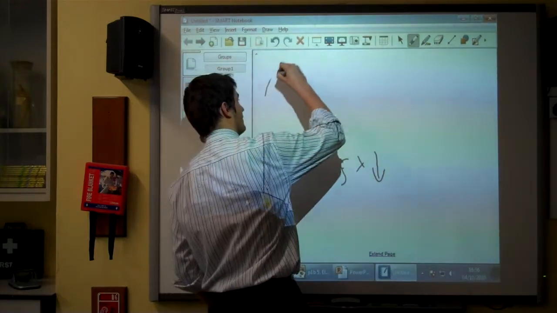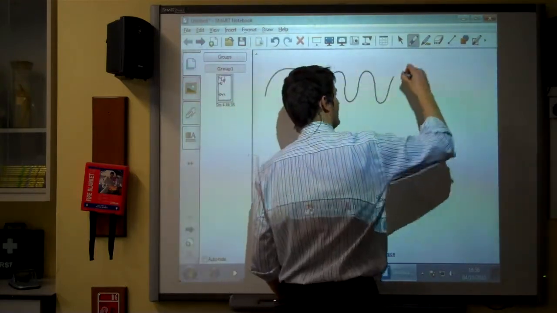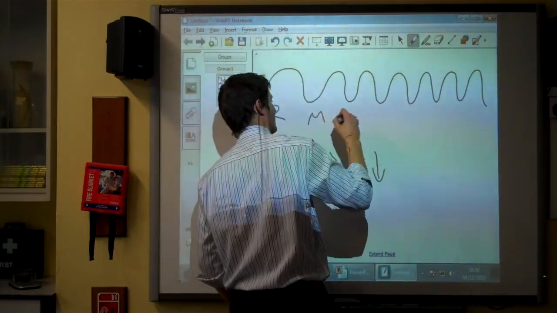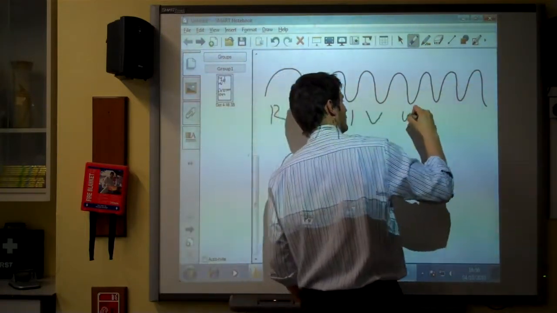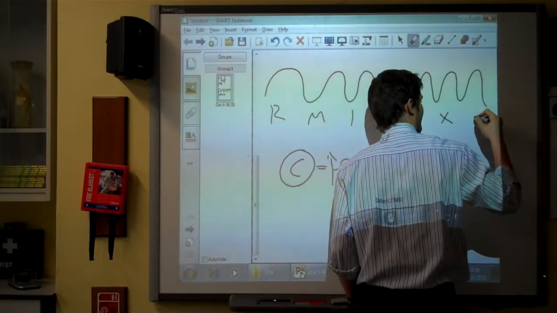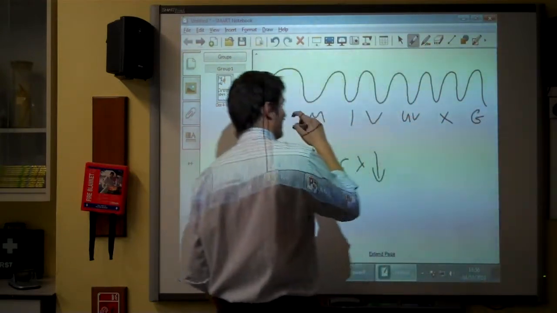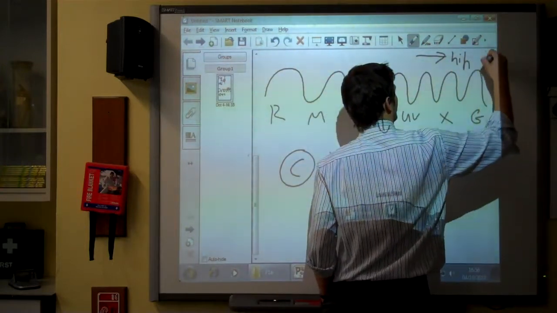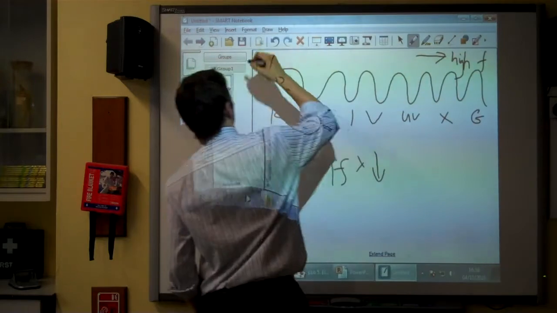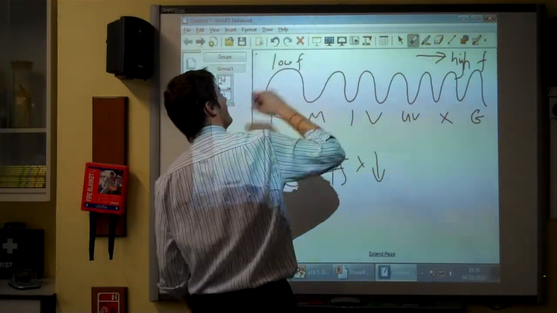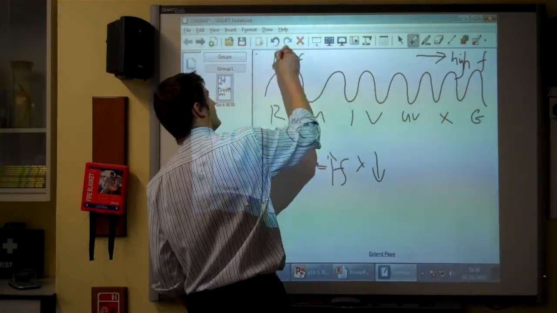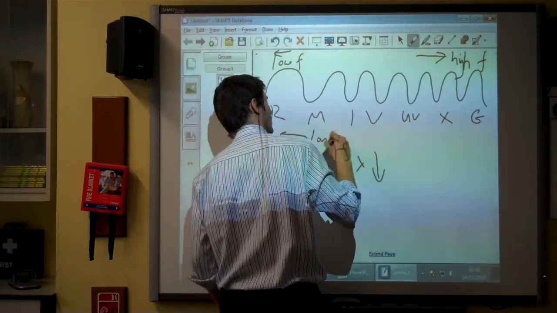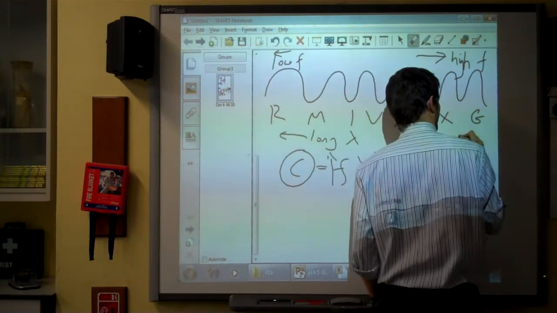Or a more visual way of looking at it is if you look at the spectrum with radio waves, microwaves, infrared, visible, UV, X-rays and gamma waves. Obviously this end is a high frequency, and this end is a low frequency. And this end also is a long wavelength, and this end is a short wavelength.